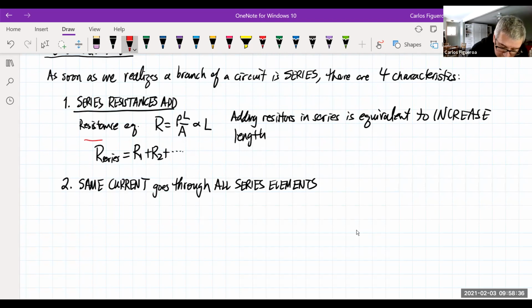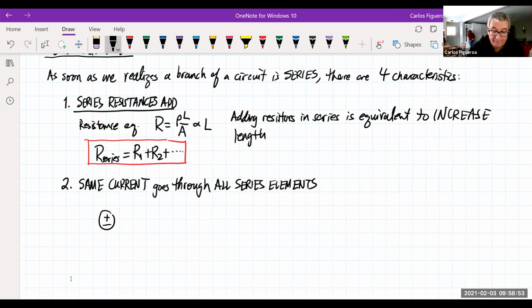What I really mean is that if I have a current that's in series, then I can draw a series circuit like this.